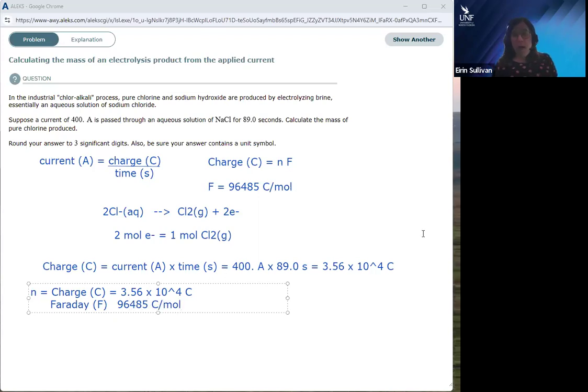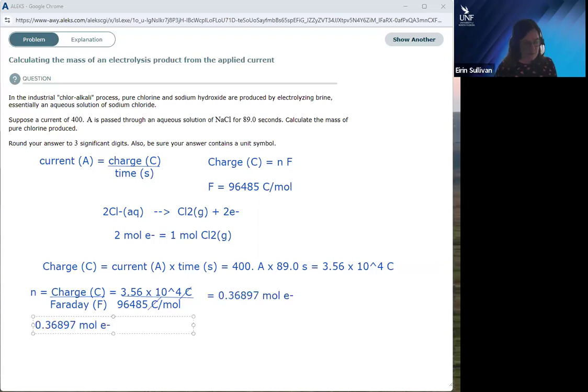Coulombs will cancel, and 1 over moles is just moles, so we get units of moles, specifically moles of electrons. That works out to be 0.36897 moles of electrons.